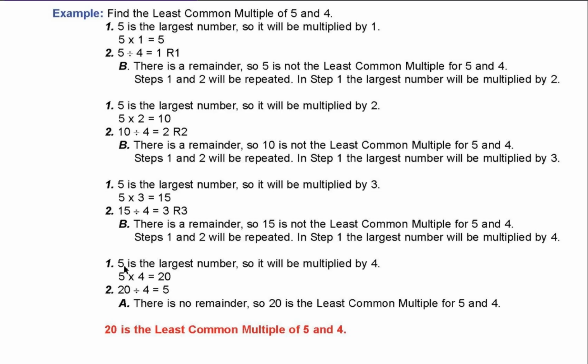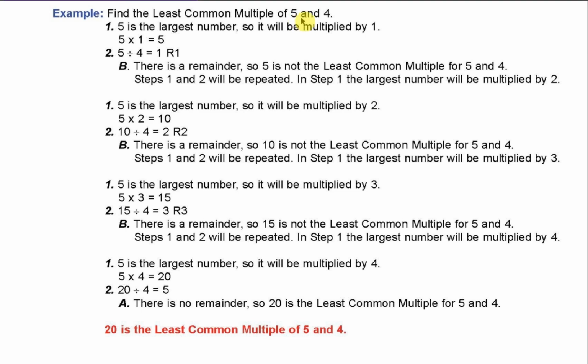Again, in step 1, we are going to multiply the largest number by 4. 5 is the larger number between 5 and 4.